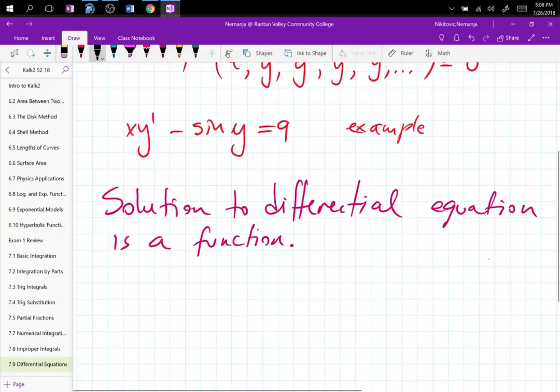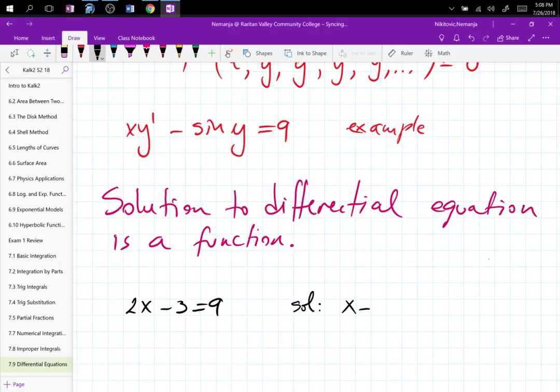So you guys are used to equations that contain independent variables only. So you have an equation that says 2x minus 3 is equal to 9. Right? This is an equation, so you solve this equation and the solution is x equals 6. So this is what you had so far in life.